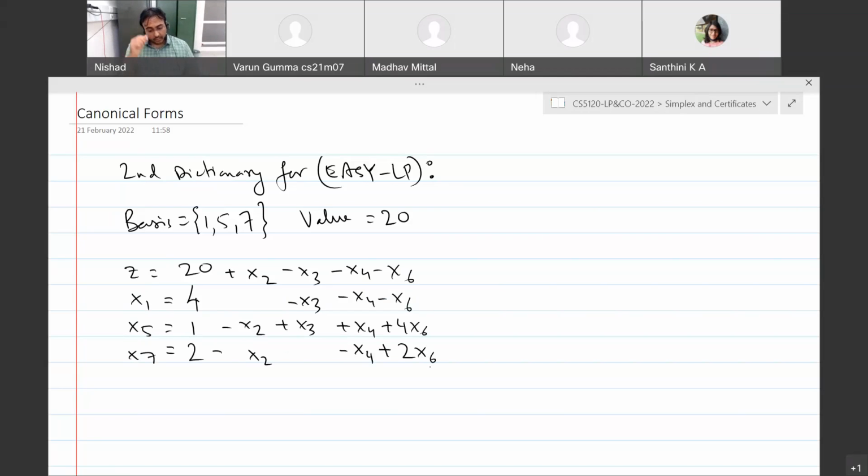Okay. So this is what we are calling a dictionary, right? And we also formally defined a dictionary in the last lecture.